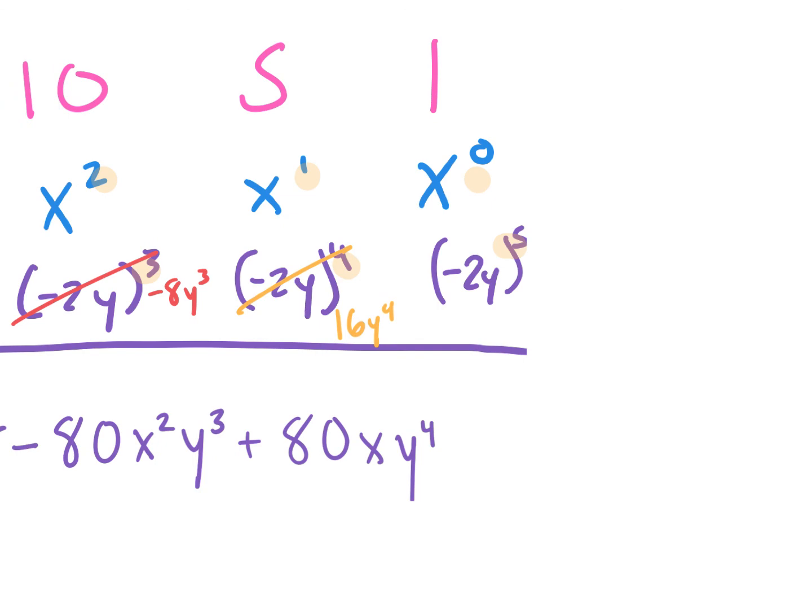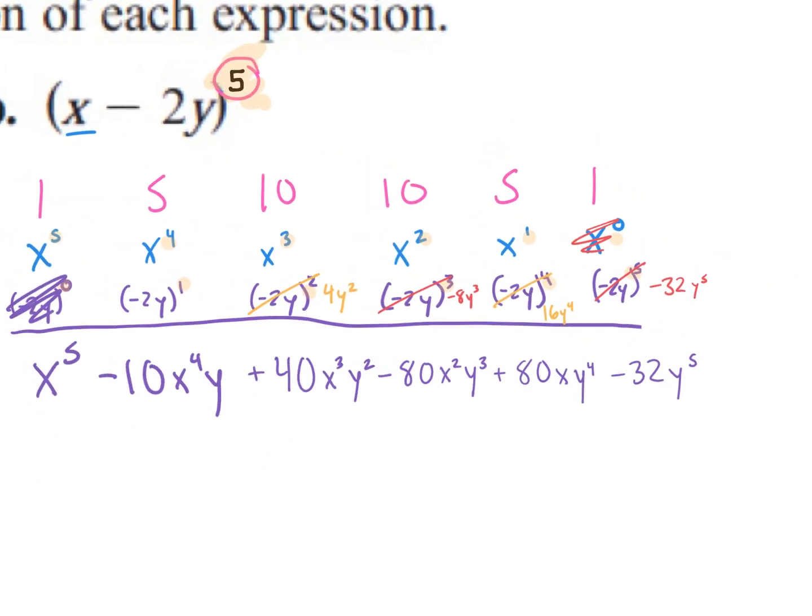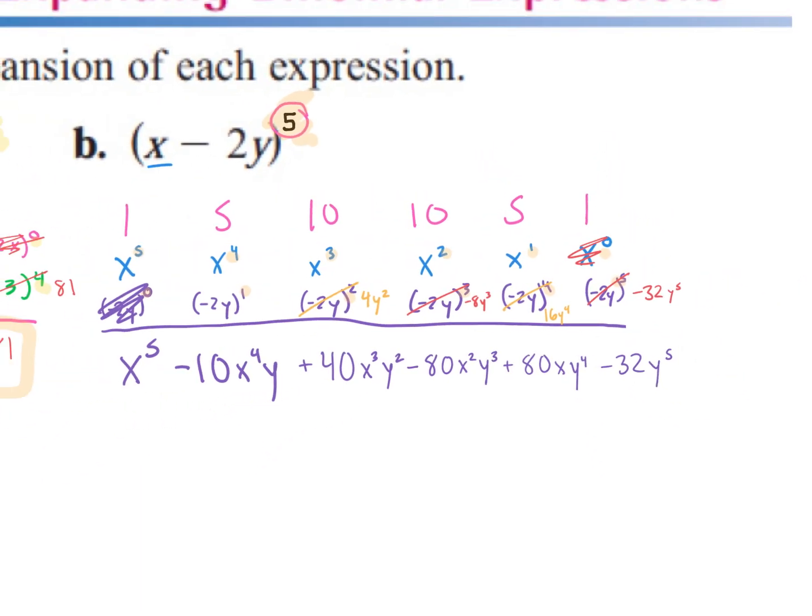And then the last one, what is negative 2 to the fifth power? Negative 32y to the fifth. And what's x to the power of 0? 1, so that goes away. So this is just negative 32y to the fifth power. So this is our answer here.